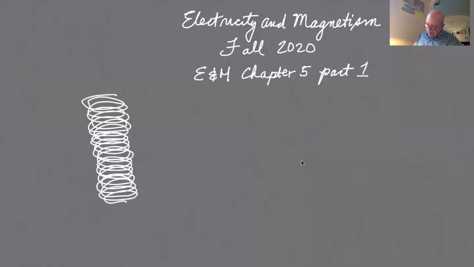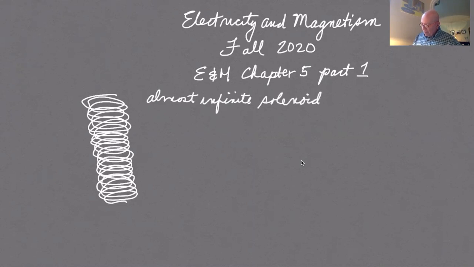So this is an infinite solenoid. We can consider it to be infinite. As a matter of fact, we can even get rid of the word almost, so it doesn't confuse anyone.